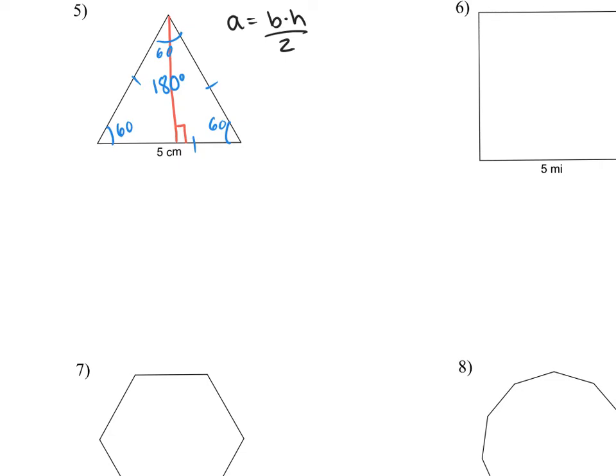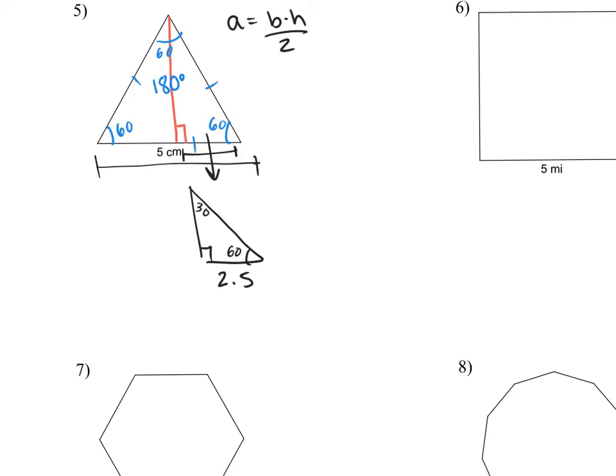If I use this right triangle, I have a base length of not 5, but half of it, which is 2.5 centimeters, and this angle is 60 degrees. That means this angle must be 30 degrees.